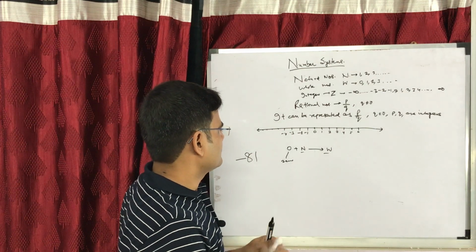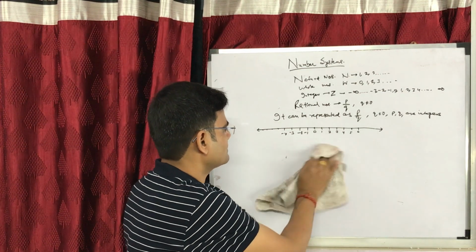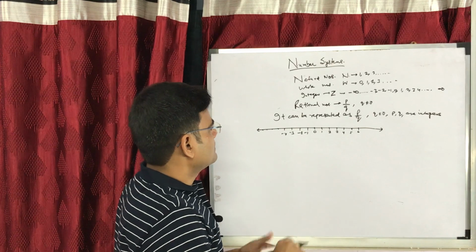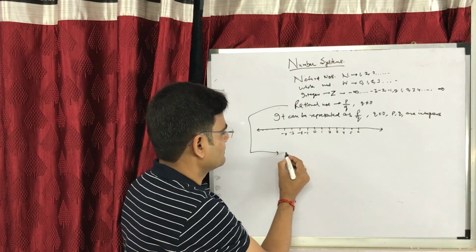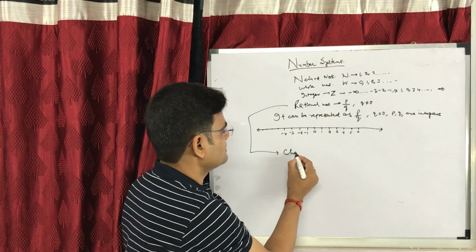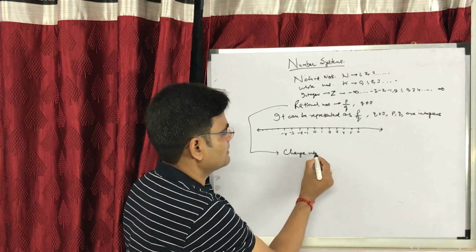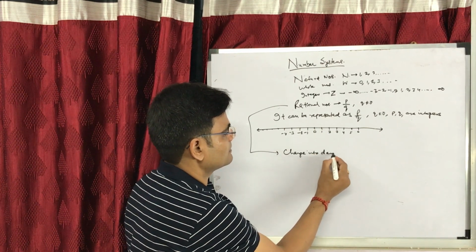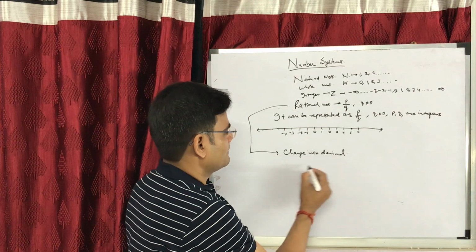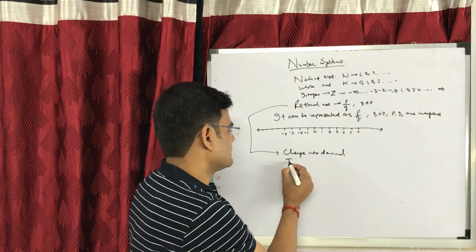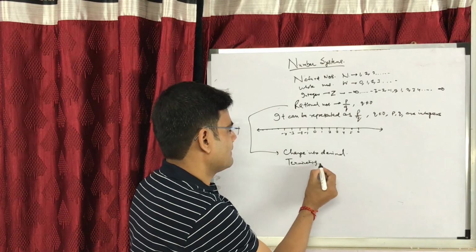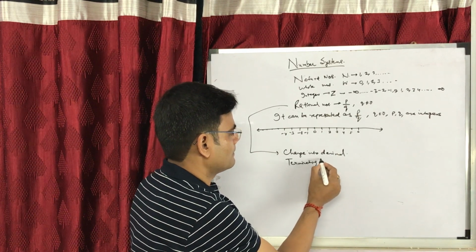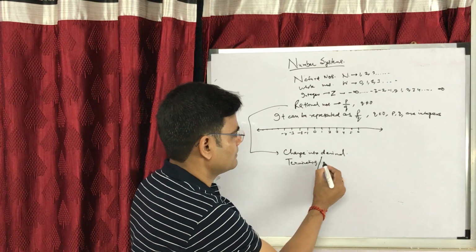Now let's understand what you mean by this. If I ask you about rational numbers, remember this thing: any number, you change it into decimal, how will you decide? Change into decimal. If it is terminating, good.